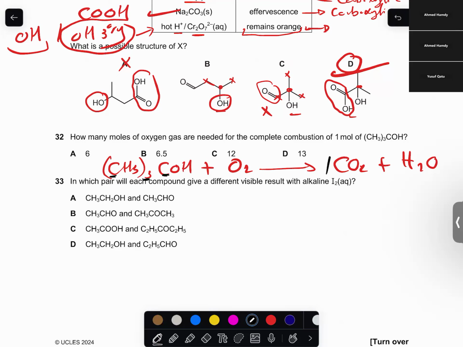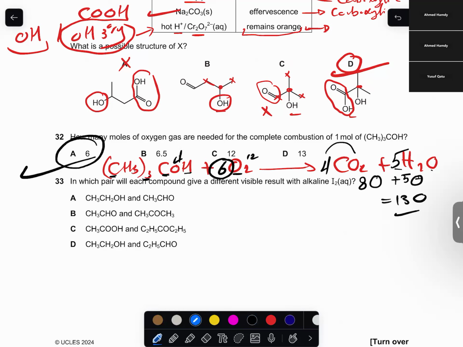We have 4 carbons, so 4 CO2. Hydrogens: 3 times 3 is 9, plus 1 is 10, so we have 5 H2O. Now 4 times 2 is 8 oxygen, plus 5 is 13 oxygen. Since we have 1 oxygen in the compound, the O2 should supply 12 oxygen, so we put 6 here. So the answer is 6.